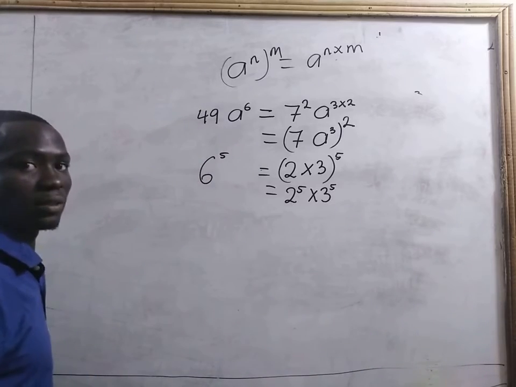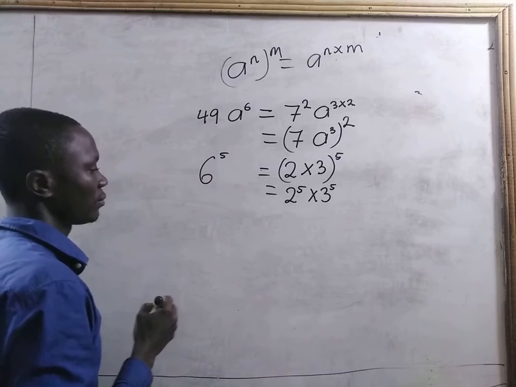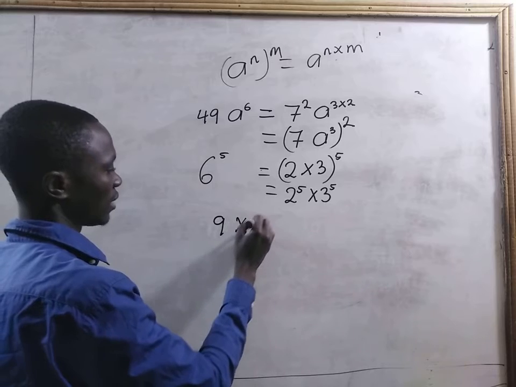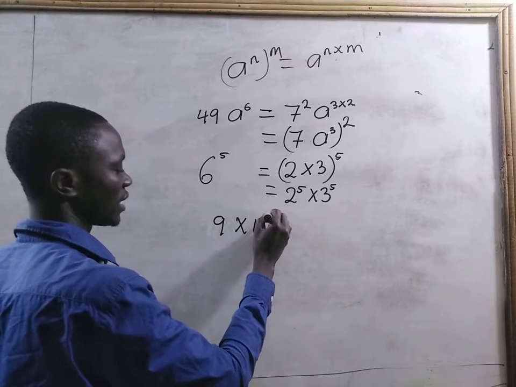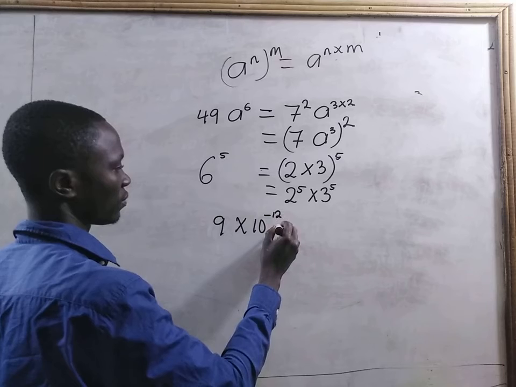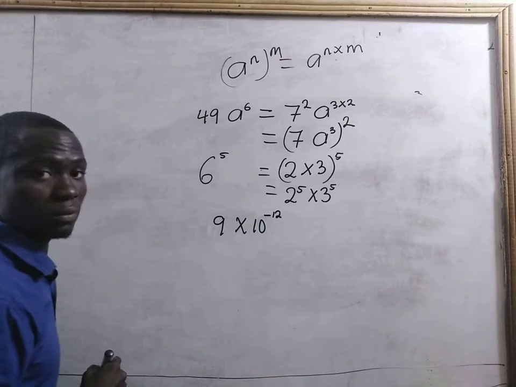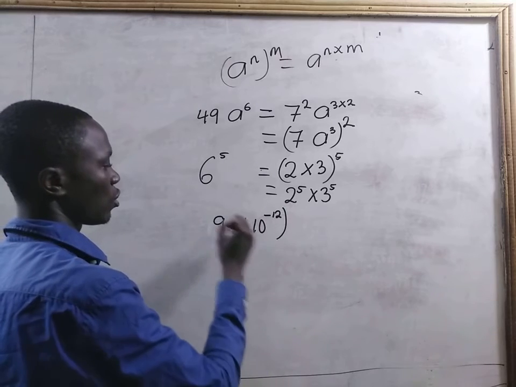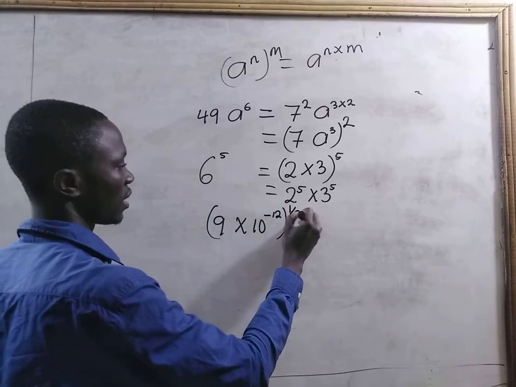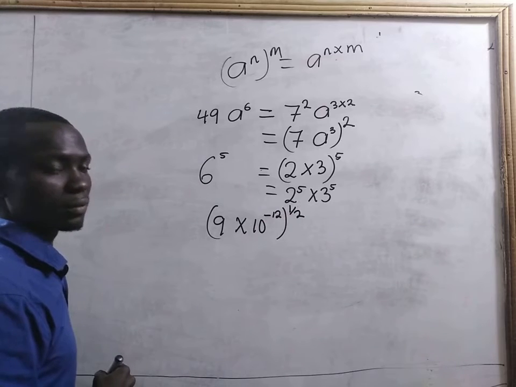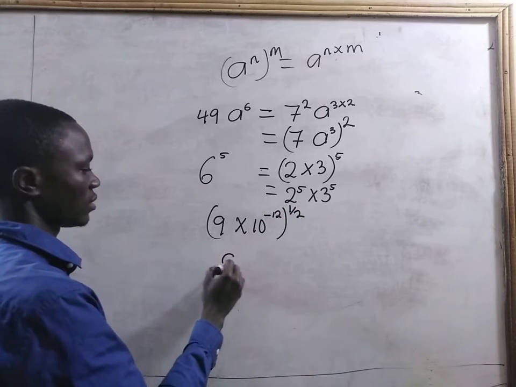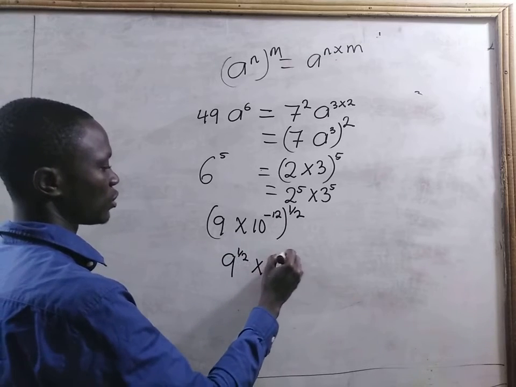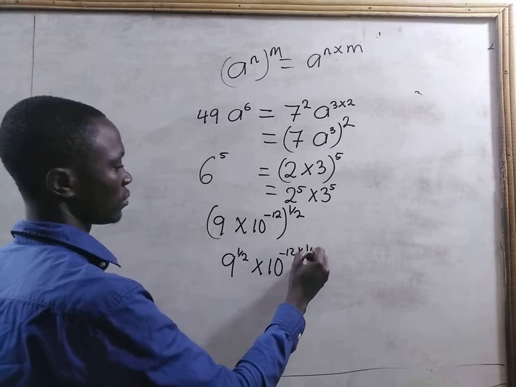And let's take this one. If I have 9 times 10 exponent negative 12, all to the power, let's see, half. This is the same as 9 to the power half times 10 exponent negative 12 times half.